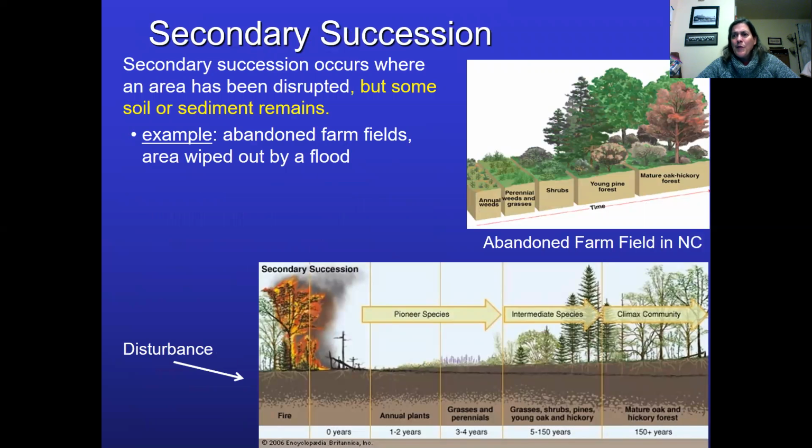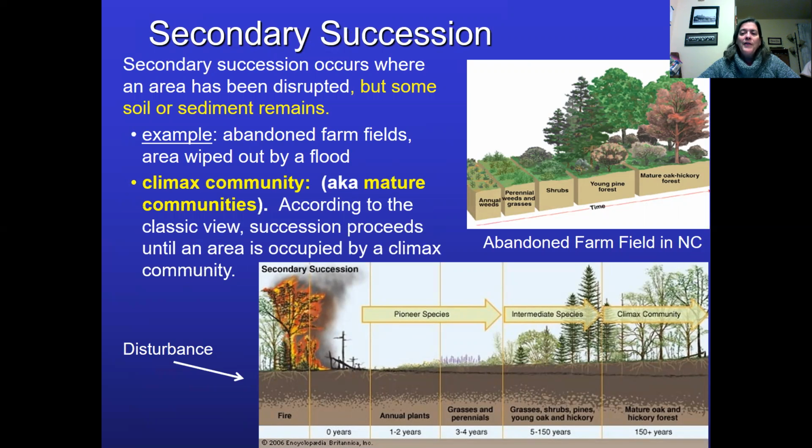Secondary succession is a bit more common because you had an area that had life before and something disturbed it. So, abandoned farm fields, areas that are wiped out by floods, forest fires taking out an area, Mount St. Helens was another thing that could happen. So you have a similar progression, but generally it's easier to get the life returning in secondary succession because you're not starting with bare rock.